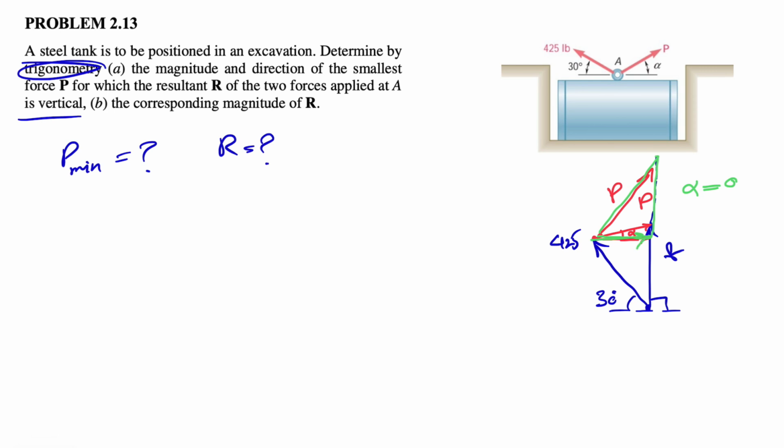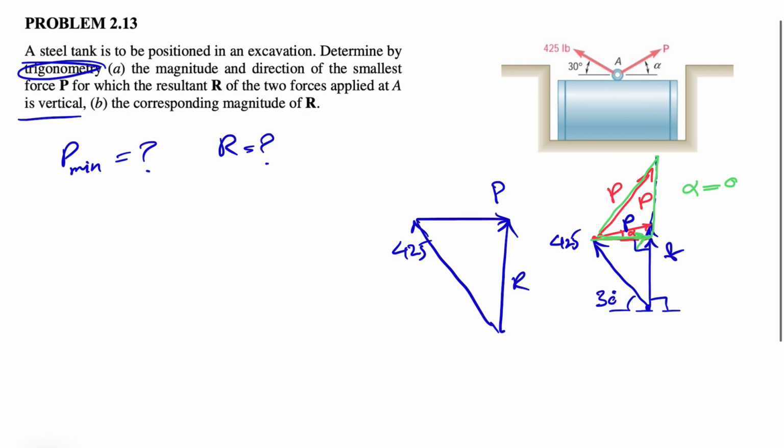So this is the main takeaway of this question, because after this, everything's going to be easy. This will be our R, and the green vector would be our P. So we'll end up with this figure where this is 425, this is our P, and we're going to have R in the vertical direction. So we know this angle is a right angle.